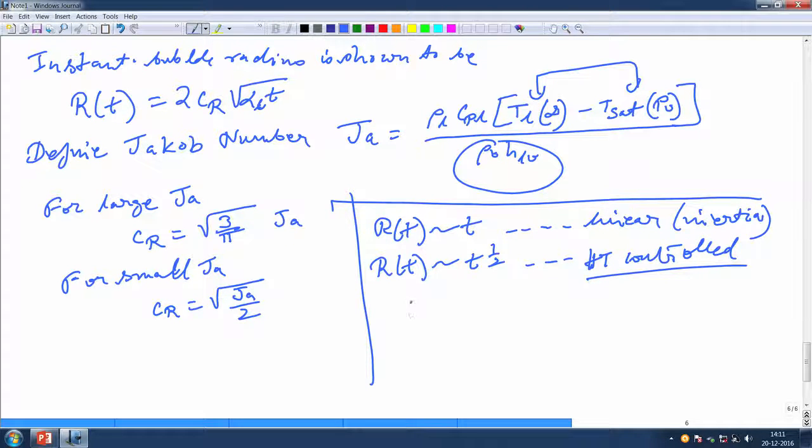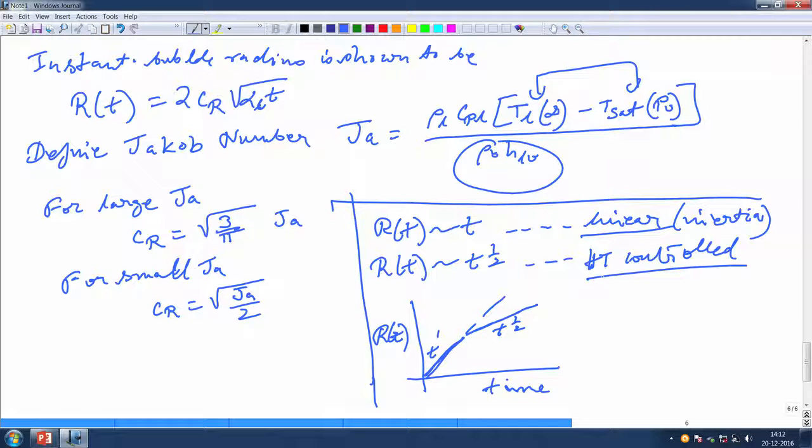So, you will basically have two slopes, one slope like that, and the other slope will be something like that, which is less prominent. This is basically linear, t to the 1, and this is t to the half. This is R, this is the time. Got it. So, there are two zones, one is linear, one is heat transfer controlled.